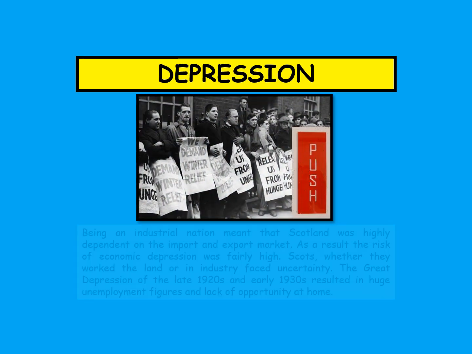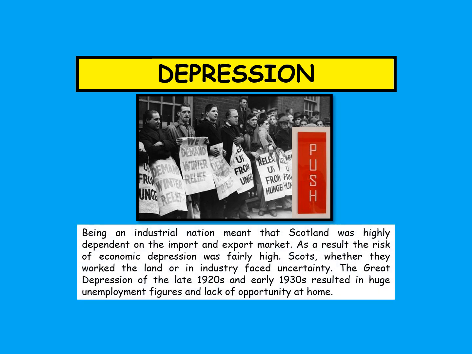Okay, so the Great Depression then hitting, which was a push factor. A lot of people tend to think that because the Great Depression really is associated with the fall of the American economy, and it's like a big recession element there, that it didn't really impact on the rest of the UK, but actually it was a worldwide thing. So because Scotland had become more and more an industrial nation, and especially by this point we're really focused on our industry, they definitely need the import and the export market. So they need to be able to trade things with other countries.